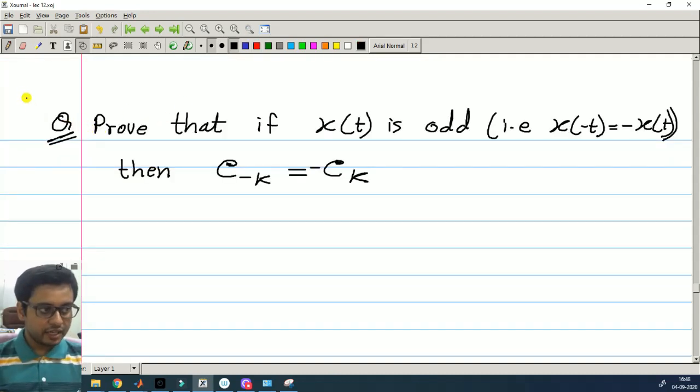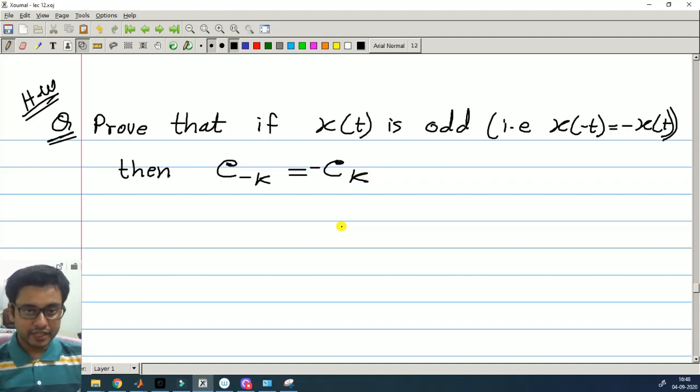Next, I shall leave it as homework for you to prove that if x(t) is an odd signal, that is x(-t) is equal to minus x(t), then c minus k will be equal to minus c k.